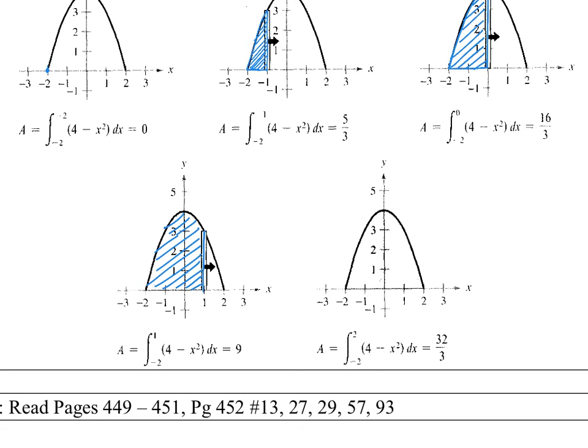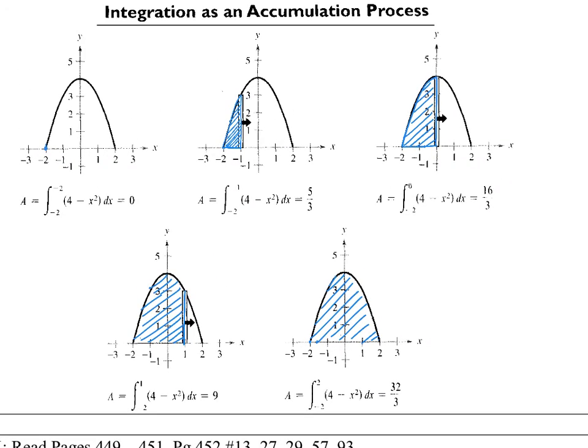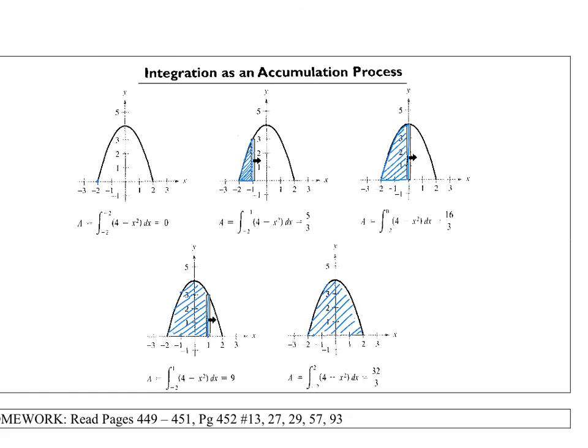And if we go from -2 all the way to +2, that's going to be the greatest, and that's 32/3. So just a little illustration. We're accumulating more and more area, so long as that function is above the x-axis. Not a huge thing, but just a little illustration there.